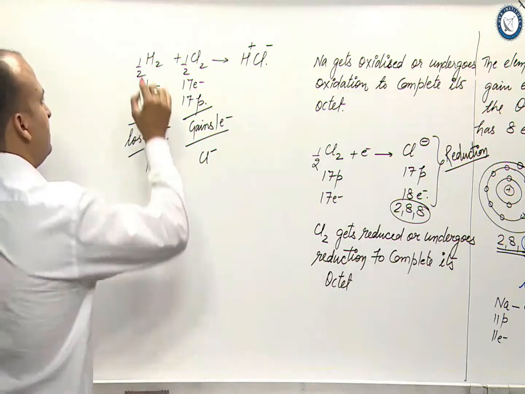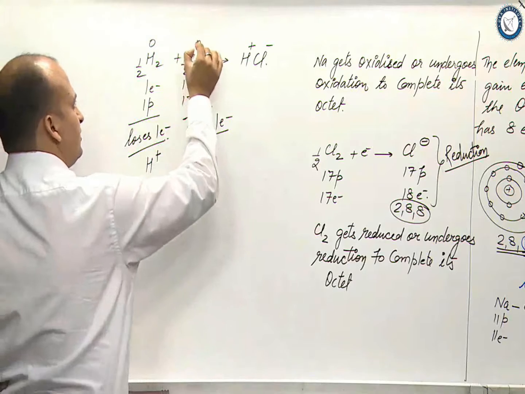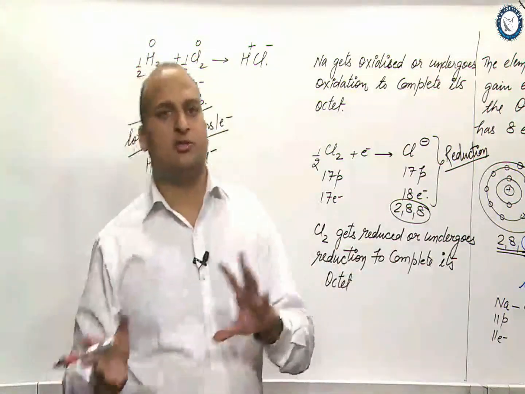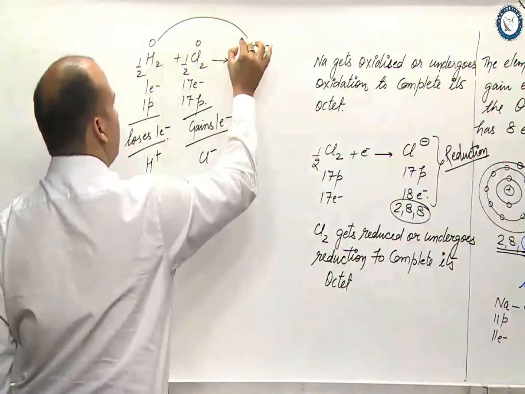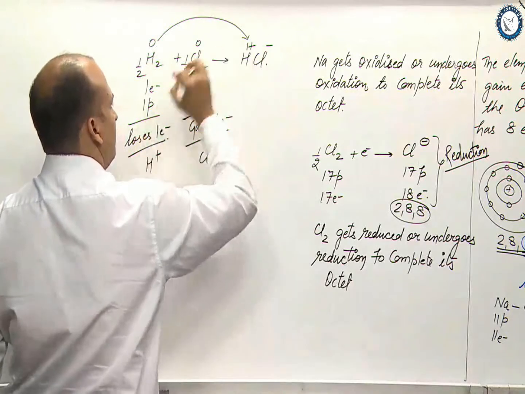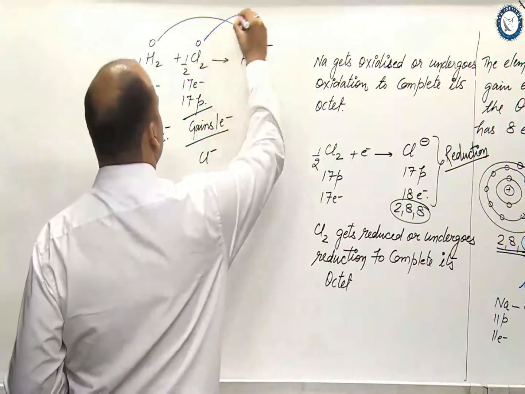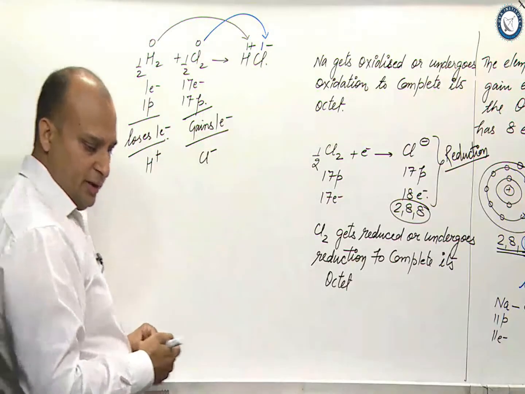Okay. Now you see this is chargeless, this is chargeless, this is also chargeless. Chargeless means neutral. Why is it neutral? Because number of electrons is equal to number of protons. So from 0 hydrogen has gone to plus 1, and chlorine from 0 has gone to minus 1. Okay.